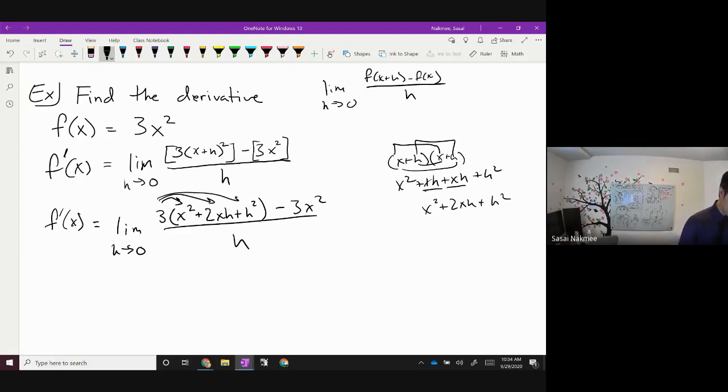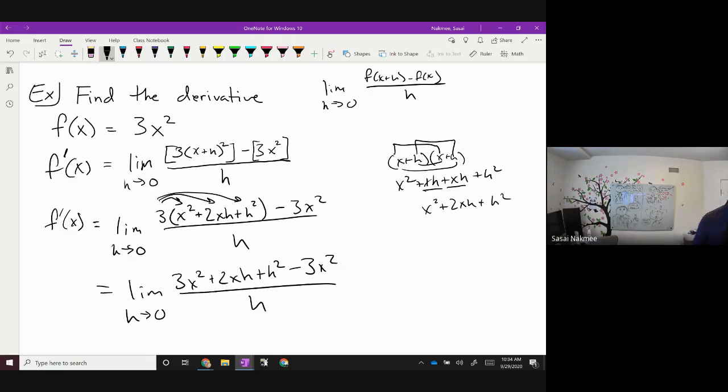So this is going to be the limit as h approaches 0 of 3x squared plus 2xh plus h squared minus 3x squared, all divided by h. Notice what they have in common. 3x squared and a minus 3x squared cancel each other out.